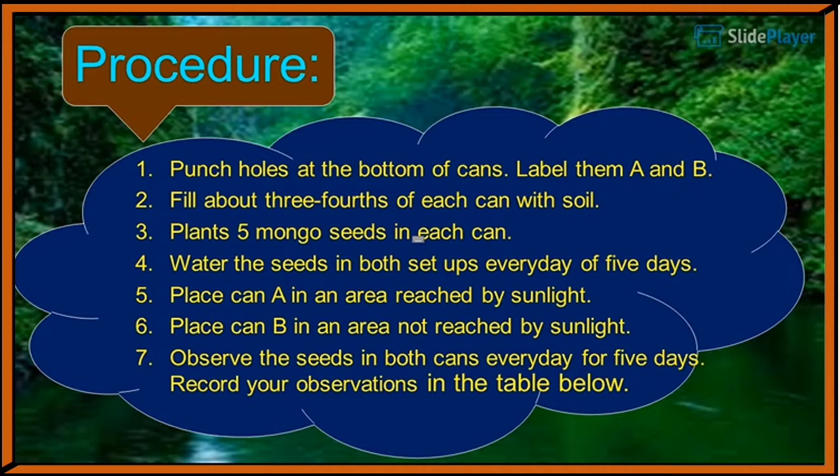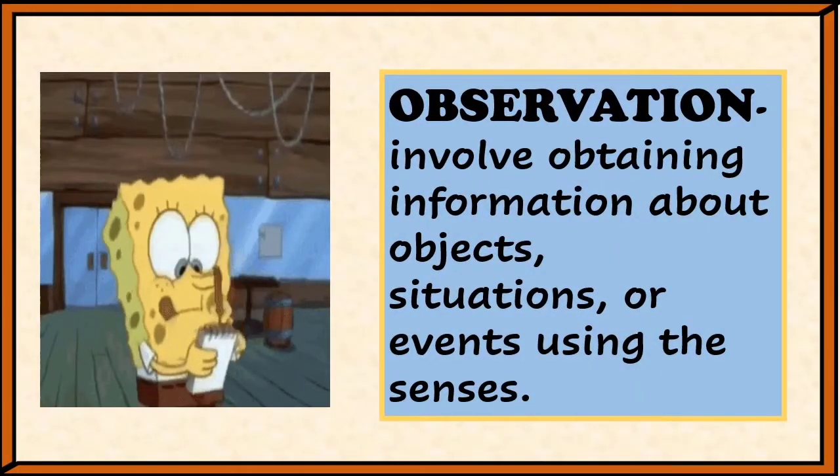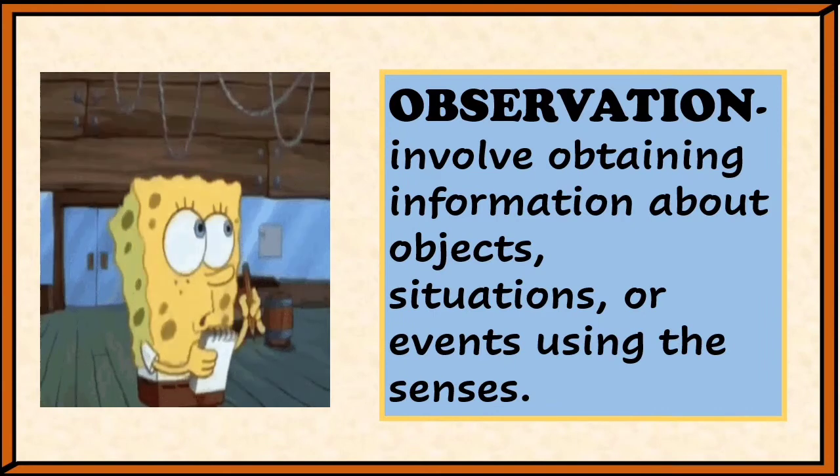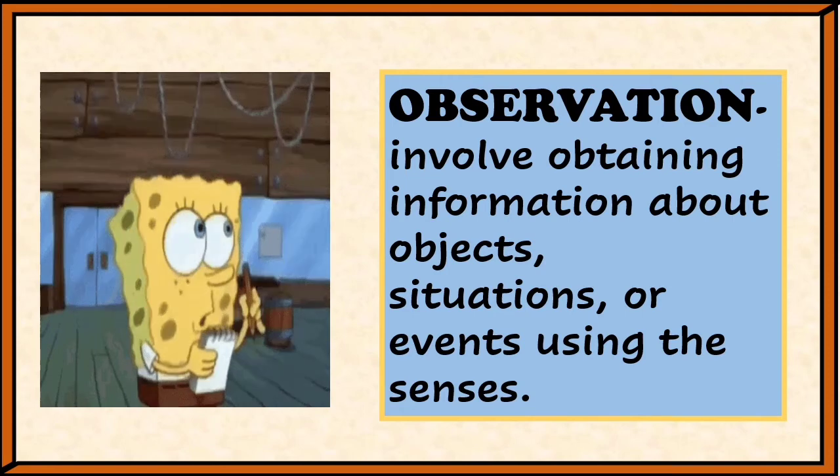During experimentation, careful and objective observation must be done to gather all the information needed about the objects, situations, or events using your senses. Both qualitative and quantitative observations constitute the data gathered during experimentations.